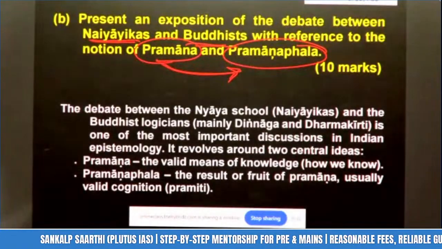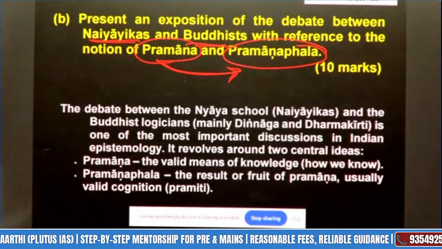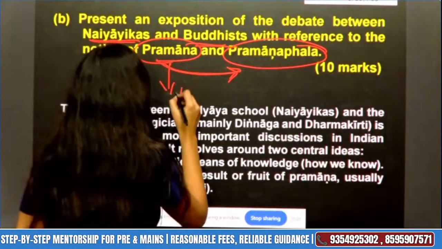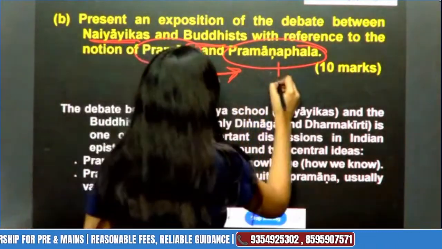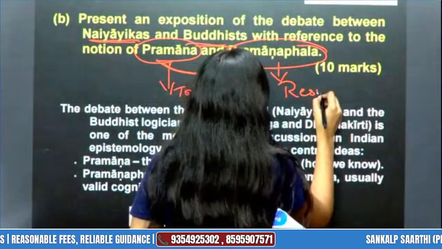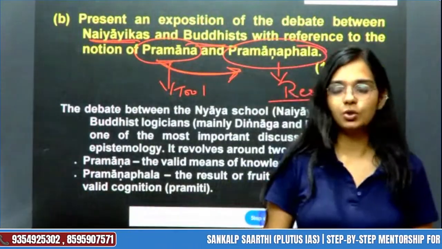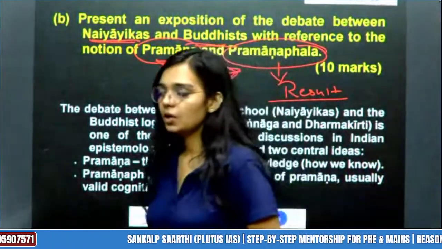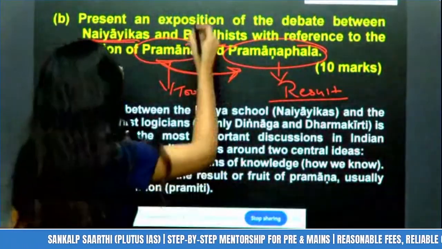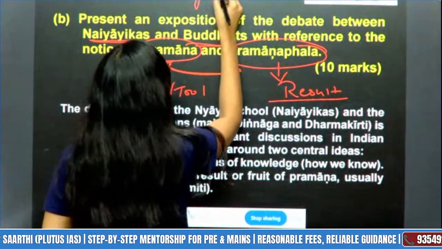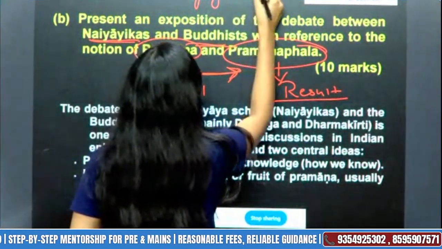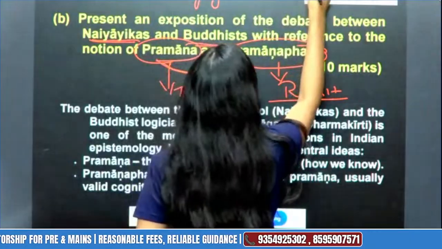Now, what is it? Pramana is the tool through which we are gaining some knowledge, and Pramanphala is what? Result. Now, if I give you an example, suppose you use Google Map to find a route.